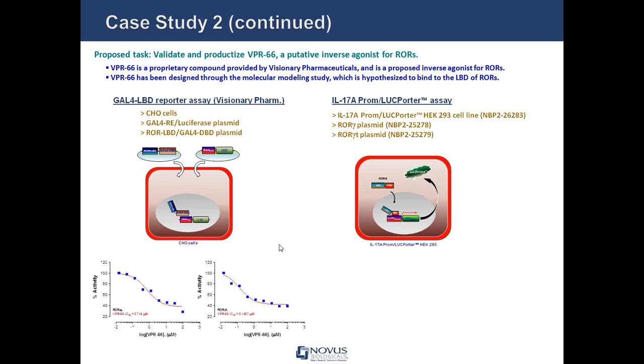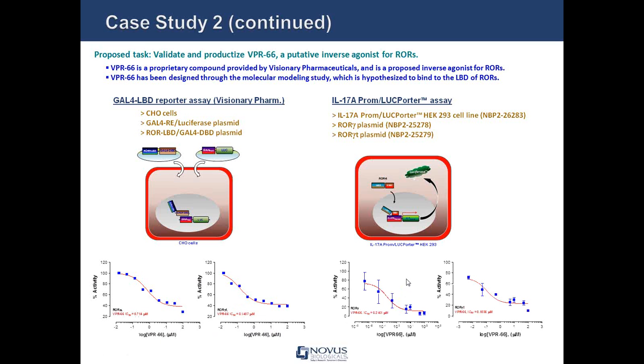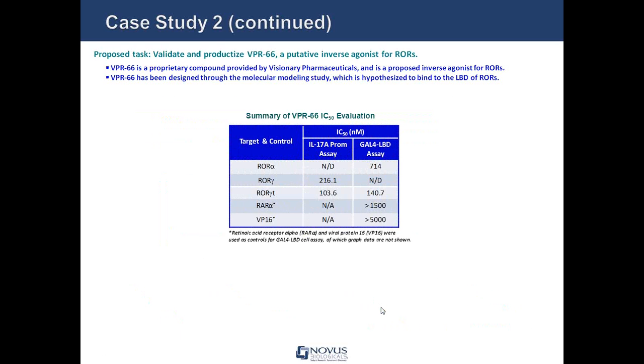Using the two different cell-based assays, the IC50 of VPR66 was evaluated for ROR alpha and ROR gamma T. If I summarize the evaluation, the ROR alpha and ROR gamma T IC50 evaluated with the two different assays, the IL-17A promoter assay and the GAL4 LBD assay, showed similar results. And later we productized this VPR66.